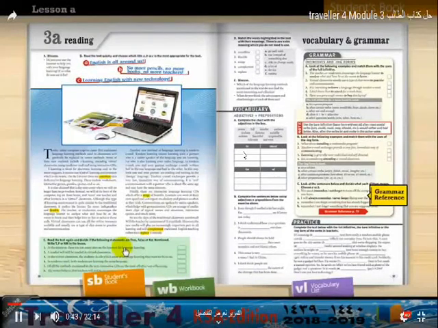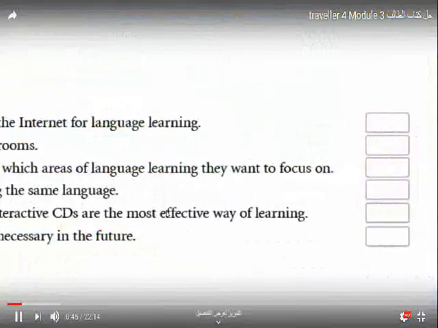On this page 38, there's a reading passage. By chance, the passage here is talking about e-learning and virtual classrooms.